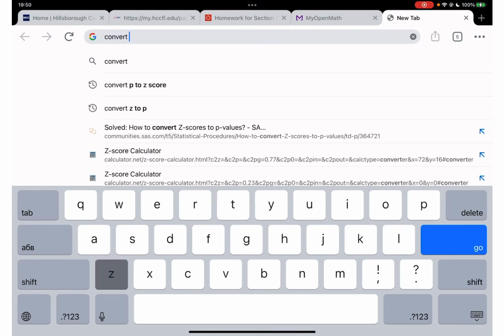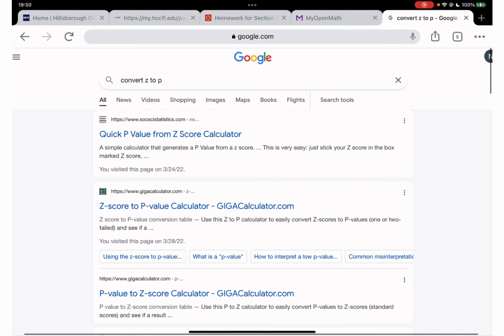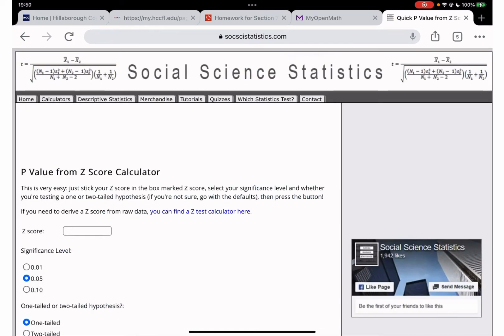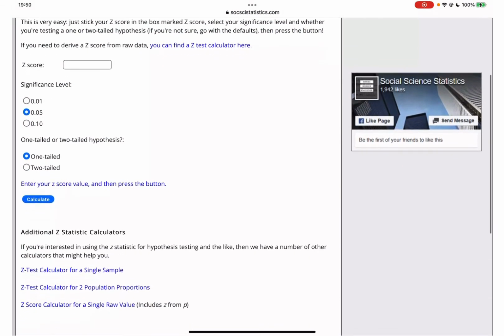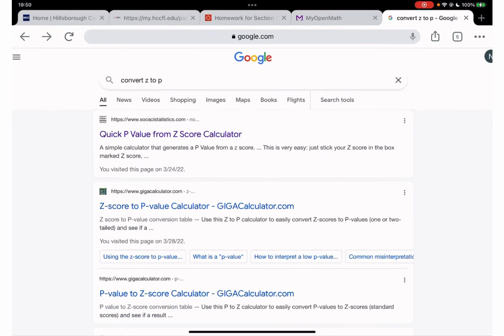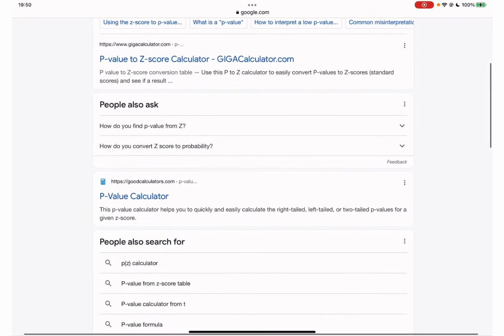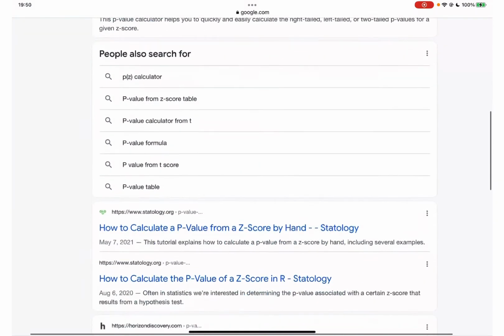Convert z to p. There was this one. No, this is... it wants a confidence level. Which one was I using? One second.